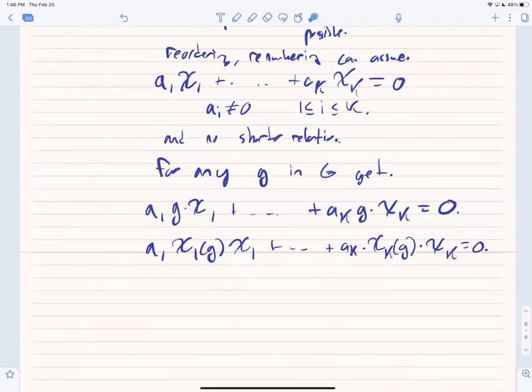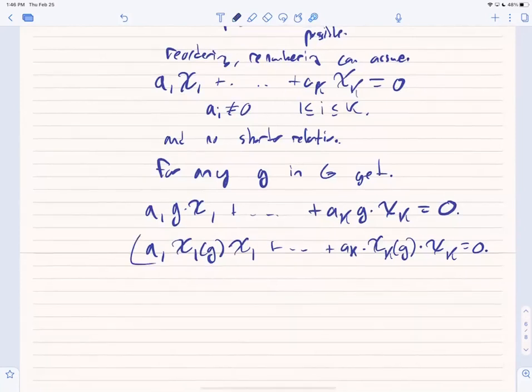But then G dot chi1, the computation I just did above and that we did earlier for Z mod NZ, is chi1 of G times chi1. So now chi1 of G is a constant. This is an element of L, and chi1 is still this function. So maybe I should put the constants in parentheses just so you can see them, and then the functions are not in the parentheses.